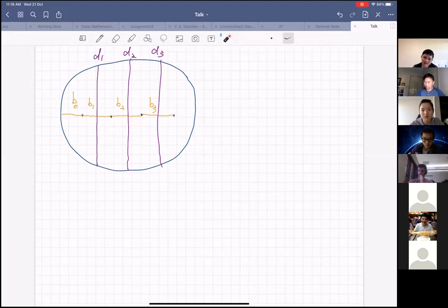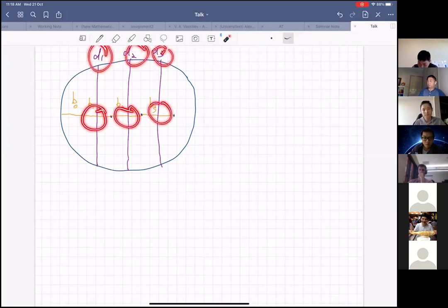That's right. And remember, these curves are what we use to generate the Lagrangian submanifold. These straight lines are just indicators, but these B1, B2, B3 are very important in our theory.